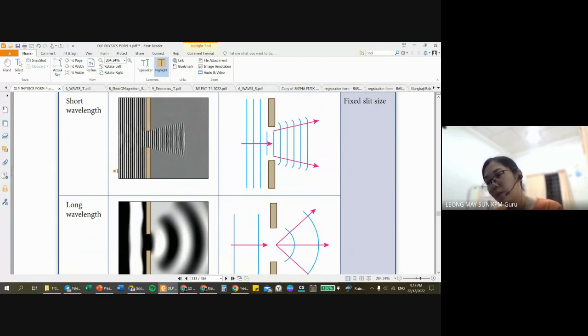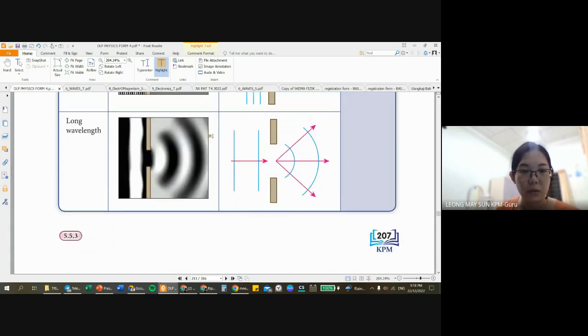So for memorizing purposes, if the pattern of the wave after passing through a slit is circular wavefronts, it means that it's a well diffracted wave. But if you see almost straight wavefronts like this, it's not a good diffraction pattern.